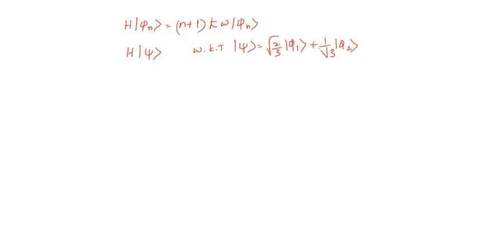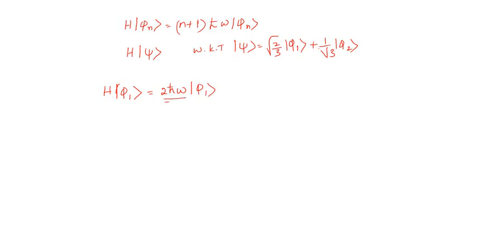So what is the probability of getting the energy of phi 1? H operating on phi 1, what does it give? Substitute n equal to 1, and you will get 2 h cross omega into phi 1.